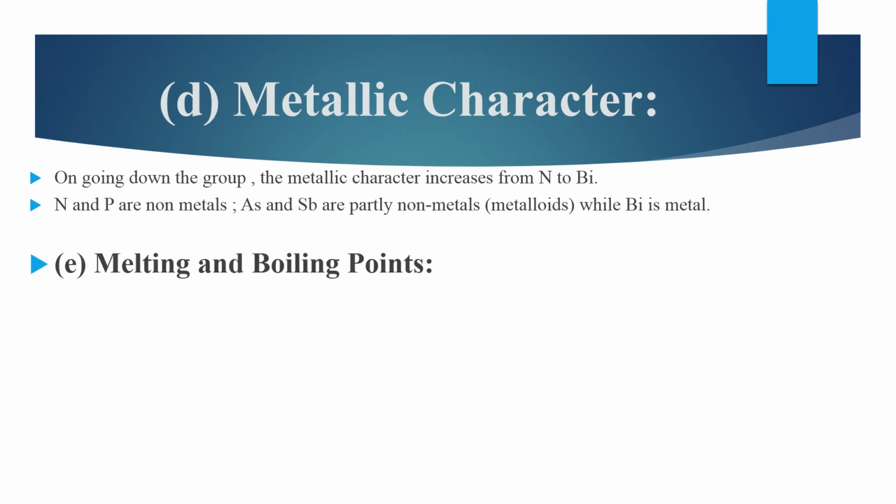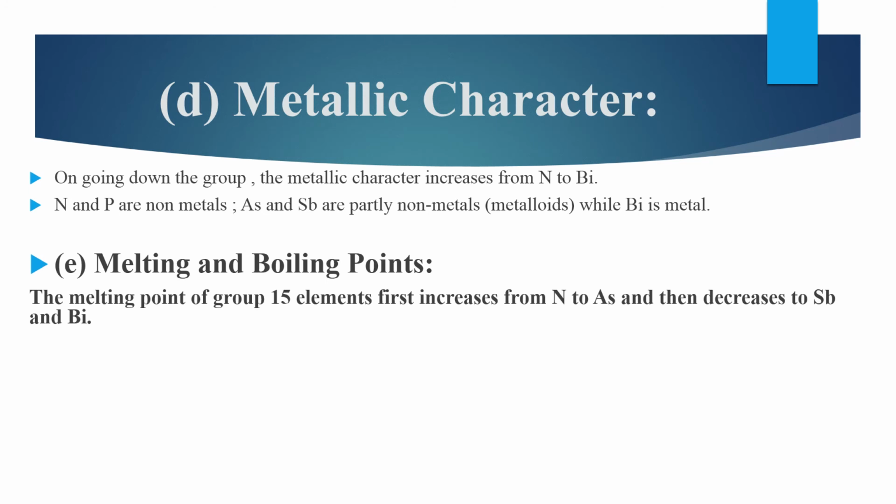Next property is melting and boiling points. The melting point of group 15 elements first increases from nitrogen to arsenic. This is important. Melting point first increases from nitrogen to arsenic and then decreases from antimony to bismuth. As we know, melting point means the temperature at which a solid converts into a liquid.